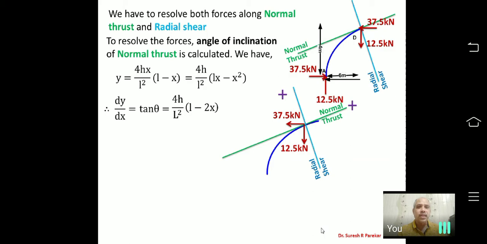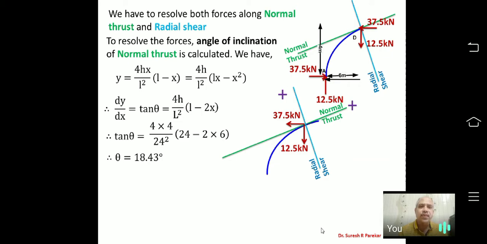Now once we know this, we can find tan theta, because we have to find value at 6 meter from left. So we have to substitute value of x equal to 6 meter. Remaining values we know. So h is 4, L is 24. By substituting these values in the equation, that will give us value of tan theta. And this value of theta we are going to get 18.43.